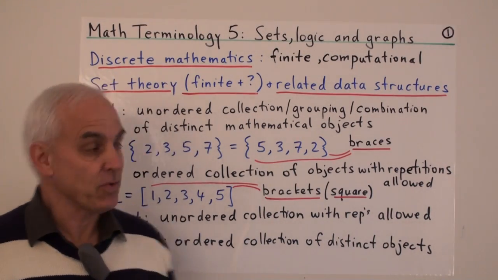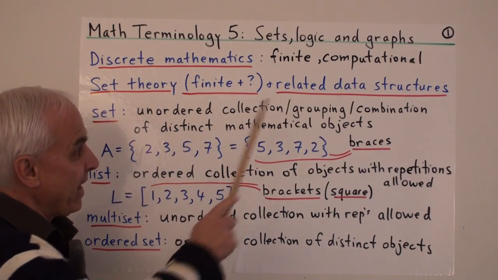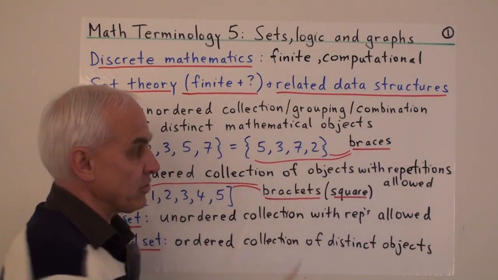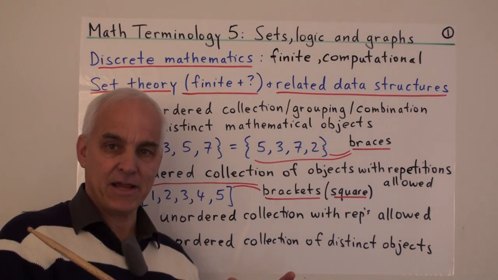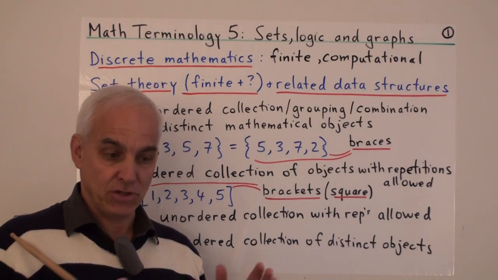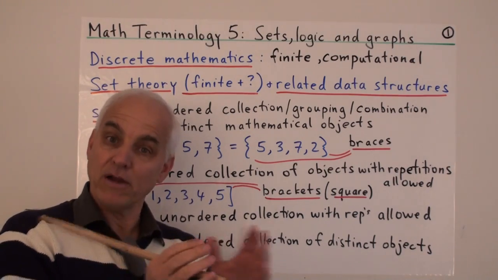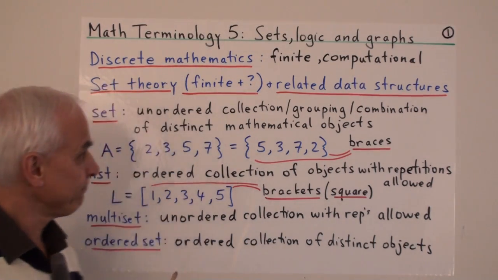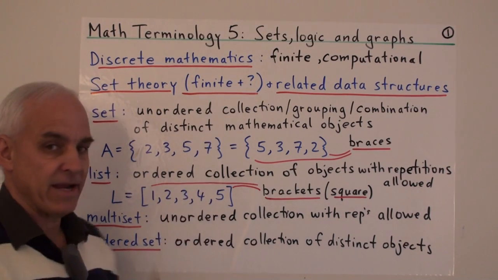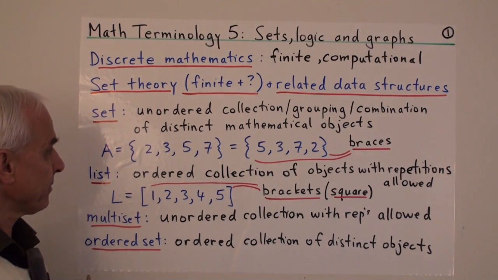Alright, so let's start first with some set theory and related data structures. So we're talking about ways of organizing mathematical objects into units, which can then be thought of as mathematical objects themselves. And we'll stick with finite examples at first.